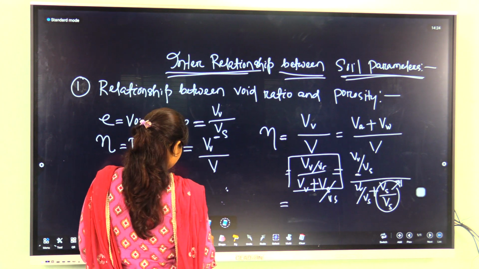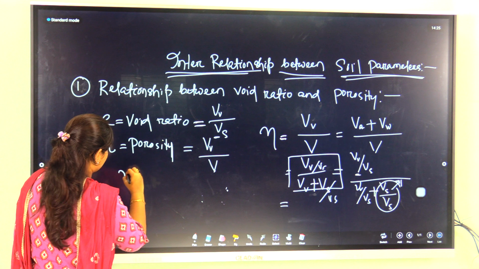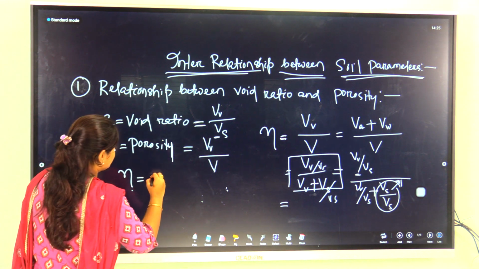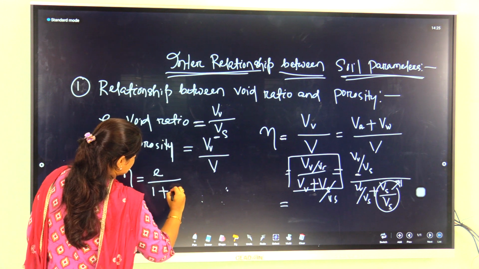So, here we can write eta equals e by 1 plus e.